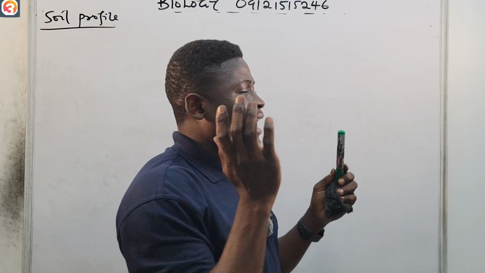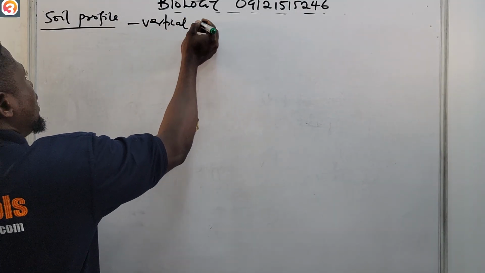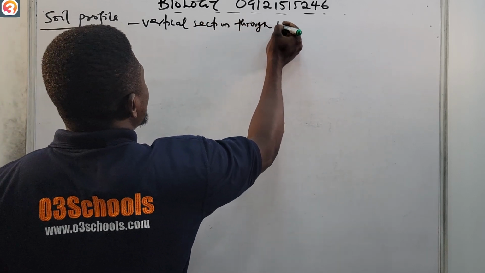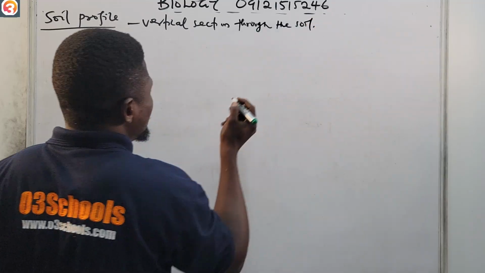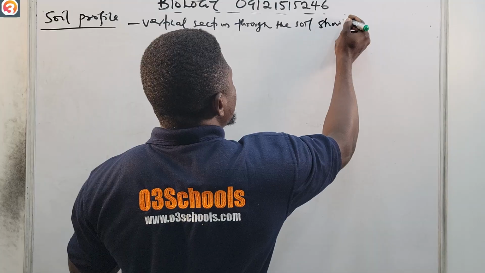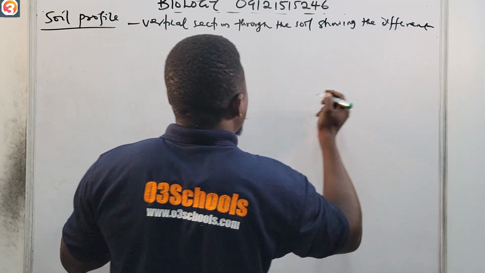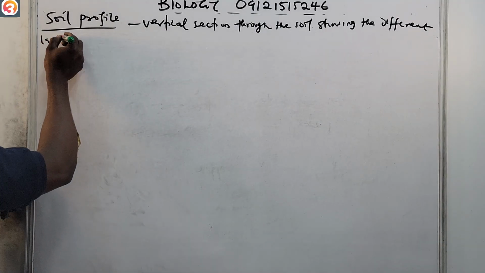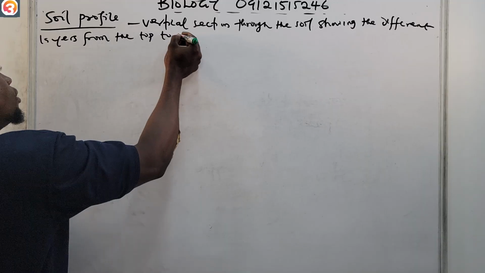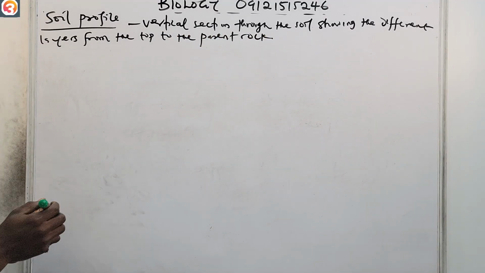Soil profile is a vertical section through the soil, showing the different layers from the top to the parent rock.